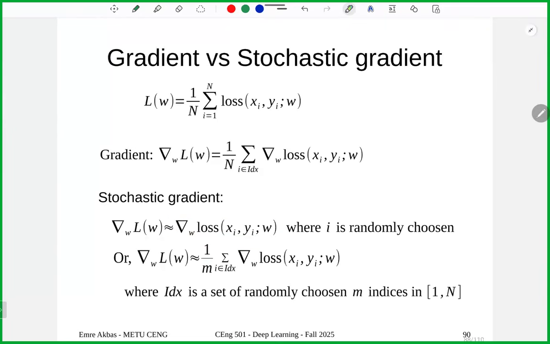Or you can do a group of examples that are randomly chosen, and we usually call them the batch, mini batch, right? You choose a mini batch randomly and then calculate the gradients on those examples only. And that's it. This is stochastic gradient.